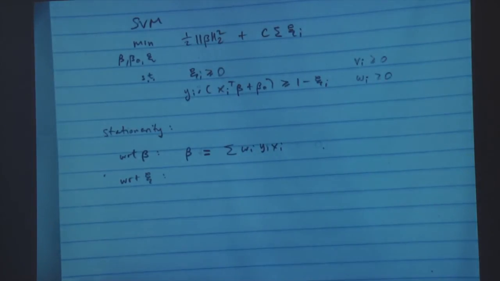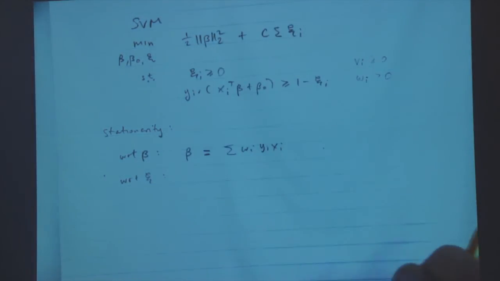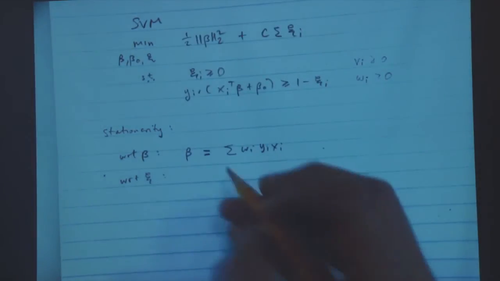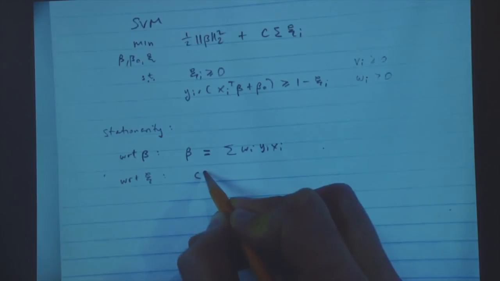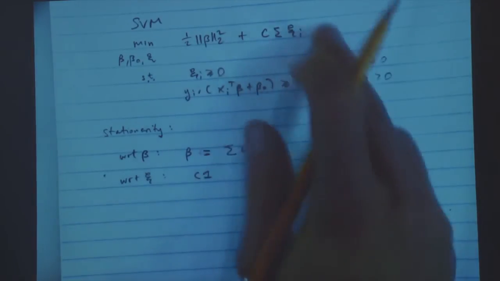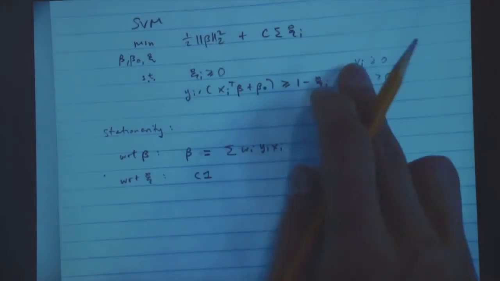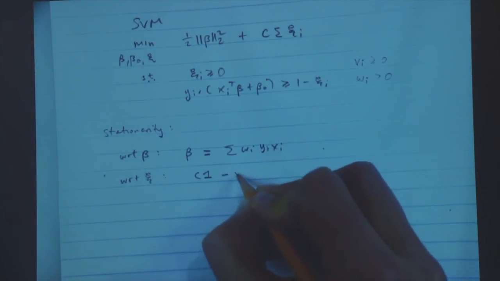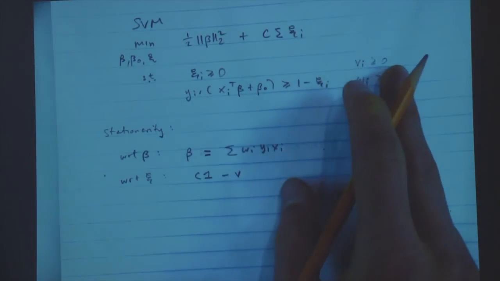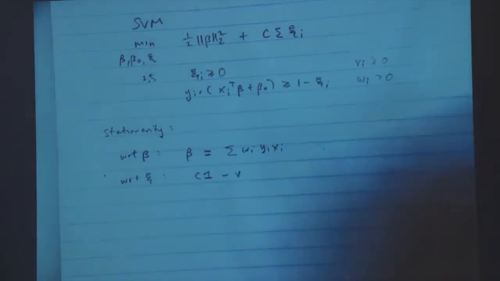So what happens if I differentiate this with respect to psi? Right, this term goes away. I get c times the 1's vector, because this is just c times 1 transpose psi. Here I get minus v, because the Lagrangian would have had a term that looks like minus v transpose psi.